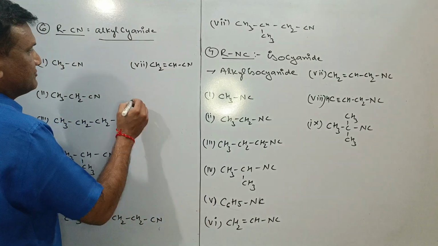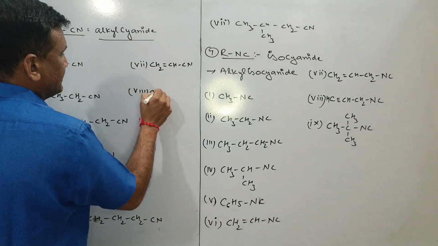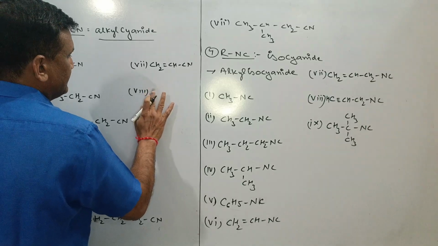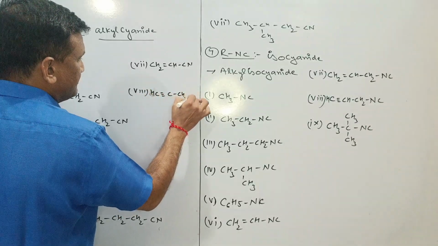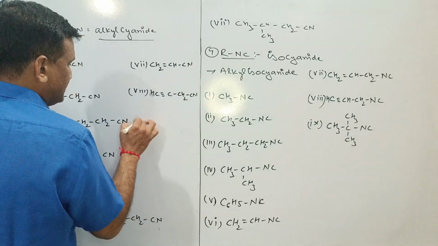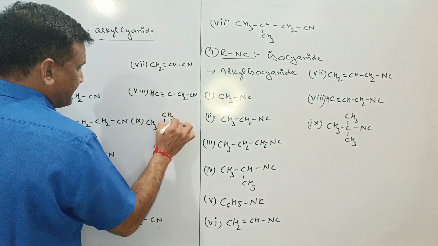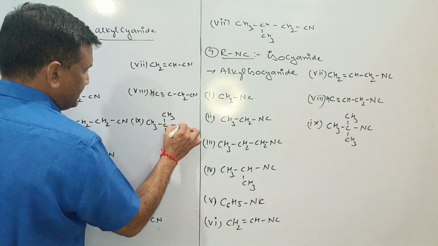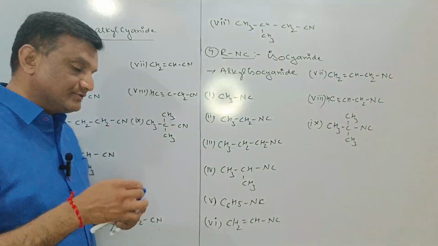Here we can take just two more examples also. This is the 8th example, CH double bond CH2CN, and here the 9th example may be CH3CCH3CH3 and CN. These are the practice regarding your cyanide and isocyanide.